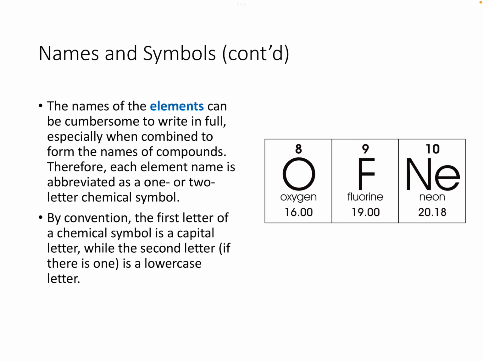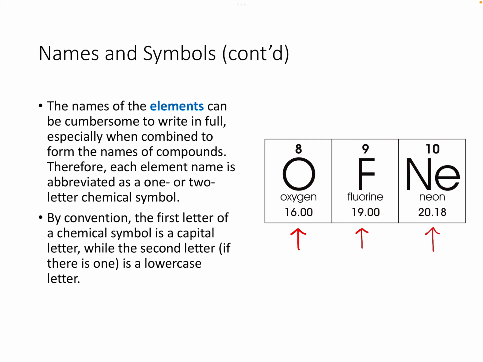So let's talk a little bit about those symbols. Again, an element's full name can be difficult to write every single time. That's why we have symbols or abbreviations for each of these different elemental names. You'll notice off to the side, we have oxygen, which is given a capital O, fluorine, capital F, and neon, capital N, lowercase e.